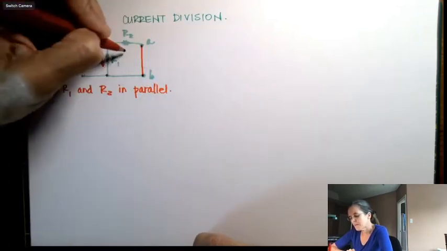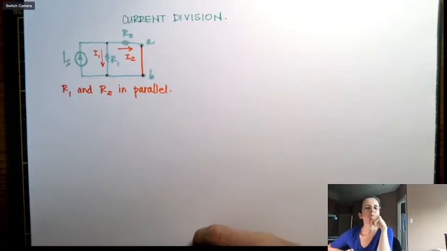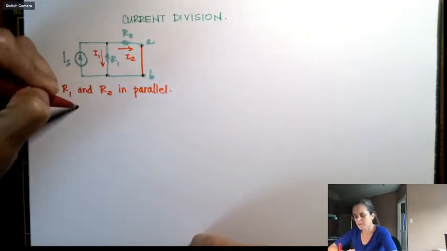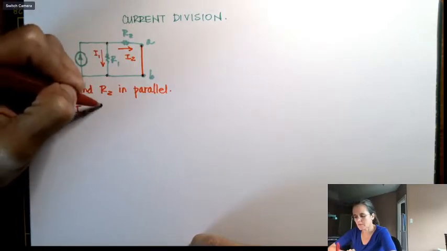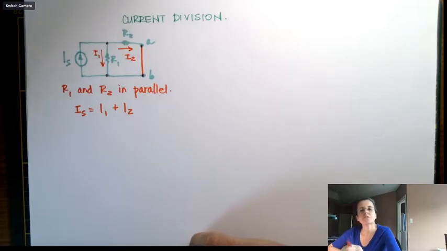And the question is then, what happens? And what happens is that I1 and I2 added equals IS. So IS is I1 plus I2. Often the question is, what is I1 or what is I2?